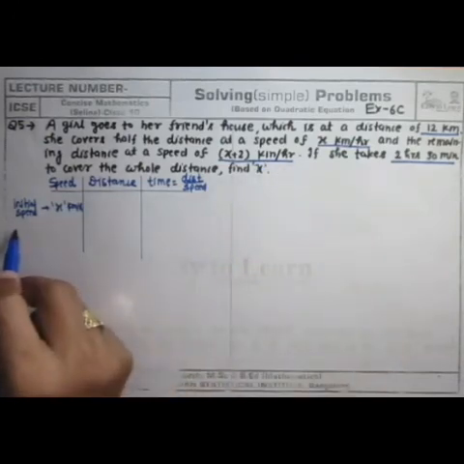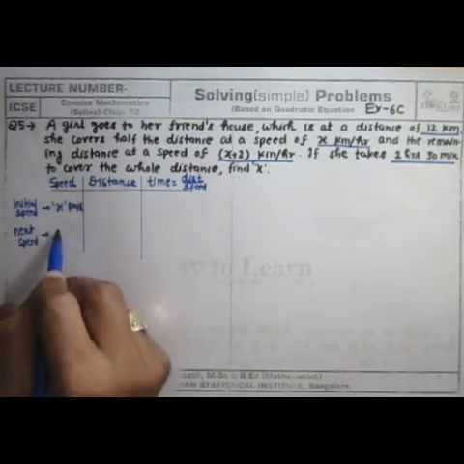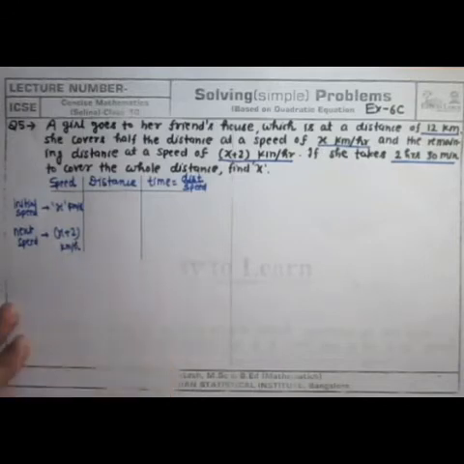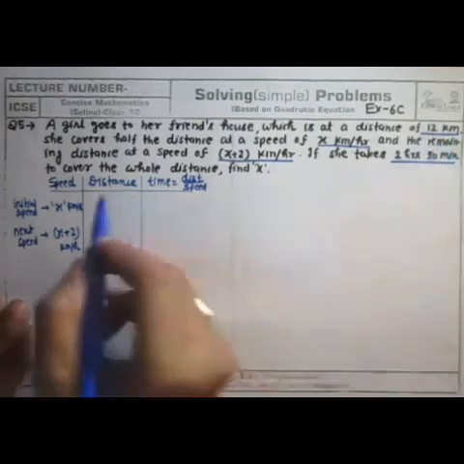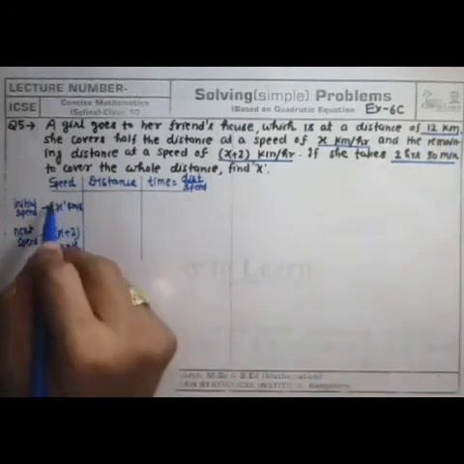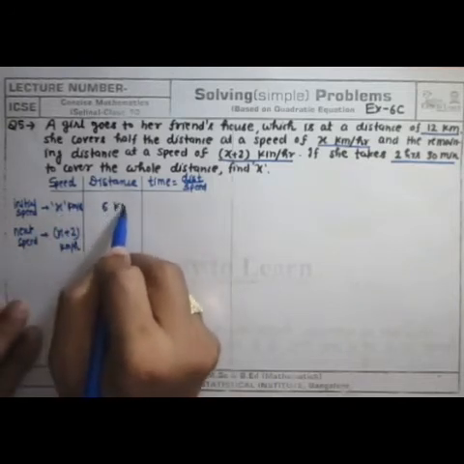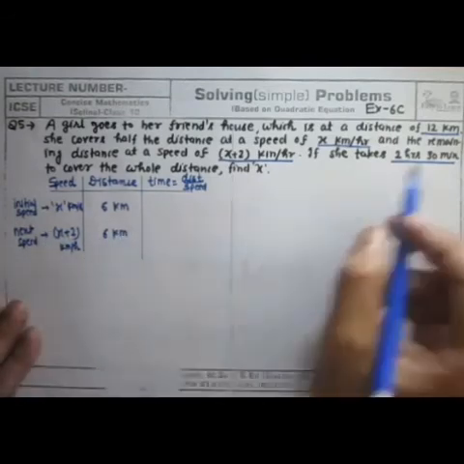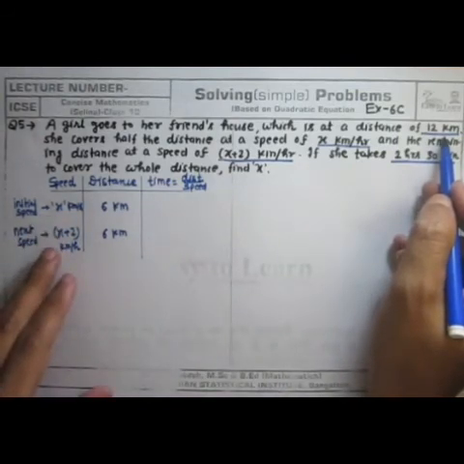And then the next speed, for the other half distance, is x plus 2 km per hour. Now the total distance is 12 km. So half the distance is covered by this speed. The distance covered with this speed is 6 km, and the distance covered with this increased speed is 6 km. Total distance is 12 km. Half distance is covered by x km per hour, and the next half distance is covered by x plus 2 km per hour.